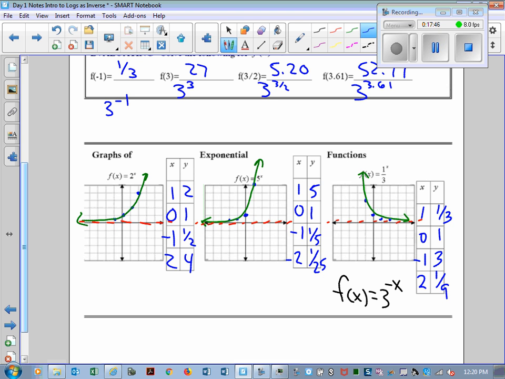All right, and I know we haven't done a lot of reflection over the y-axis so far this year, but we did talk about if you have a negative in front of your x, there's your reflection over the y-axis. The reason we haven't done many is because if you think about your absolute value equation, if you reflect over the y, does it do anything?